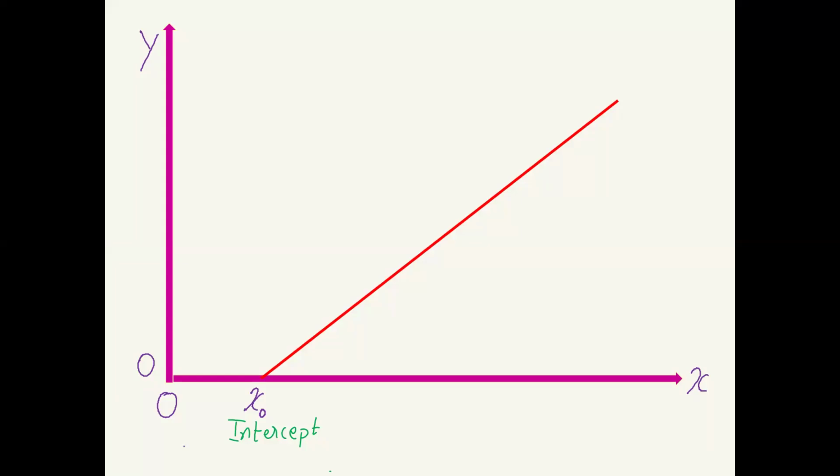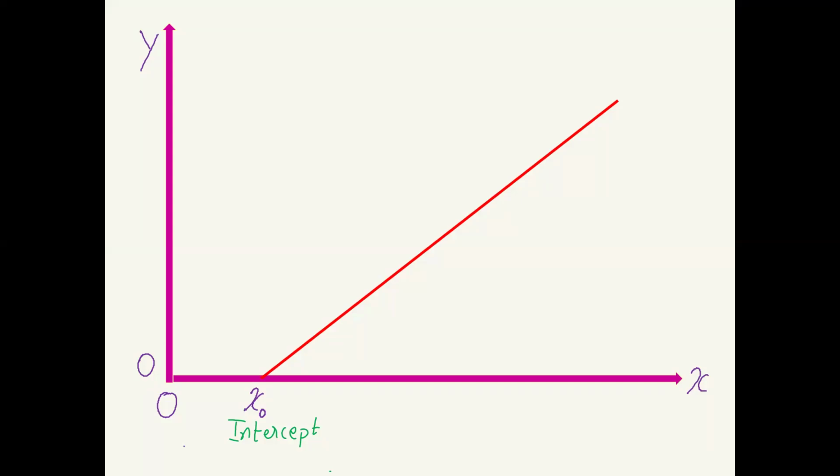How does it appear? As a straight line graph? No, it appears as an intercept. Sir, what is intercept? Cutting any axis. No. If it cuts an axis, it is not passing through the origin.